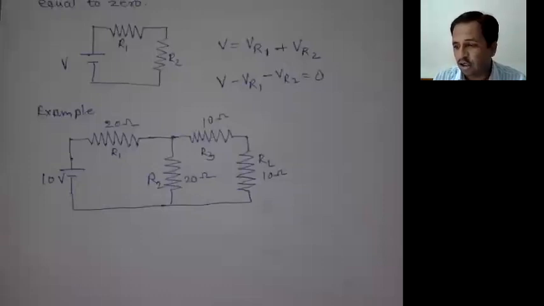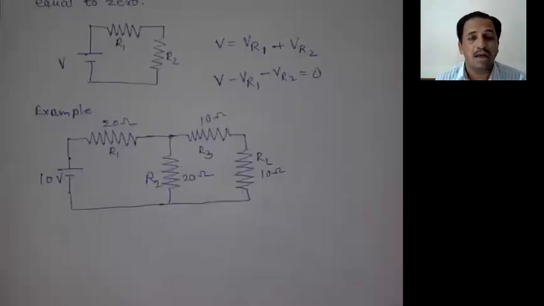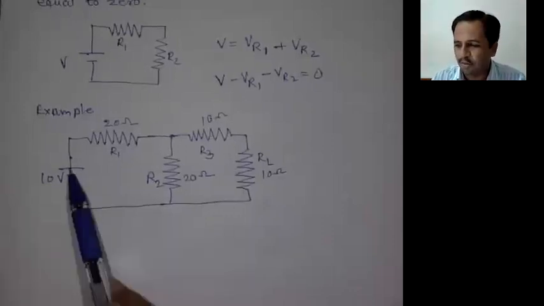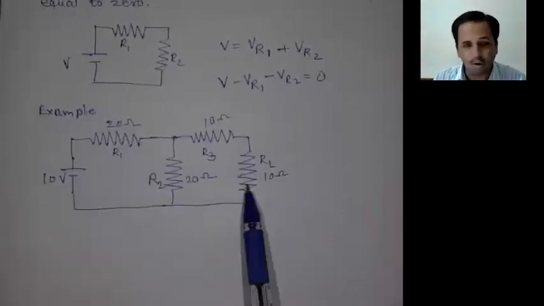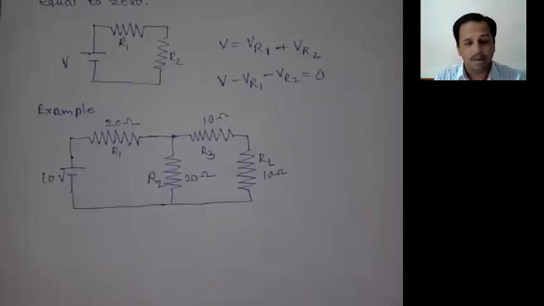Another loop should also be found. One can ask whether there is a possibility of one more loop, and that is also possible: from the supply voltage through R1, R3, RL, across to the negative supply. In any way we have to find the current values.